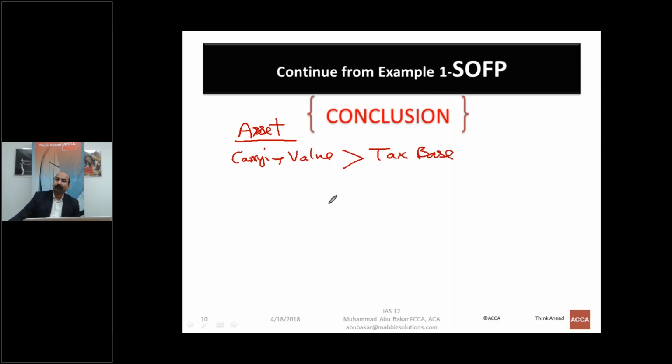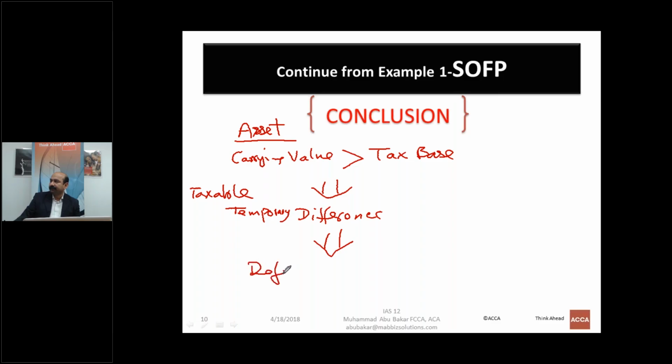This is another small principle which we learned earlier. When the carrying value is higher than its tax base, this will create a difference, which is a temporary difference, but it will be termed as a taxable temporary difference. When we multiply this difference with the tax rate, this will give us the deferred tax liability.